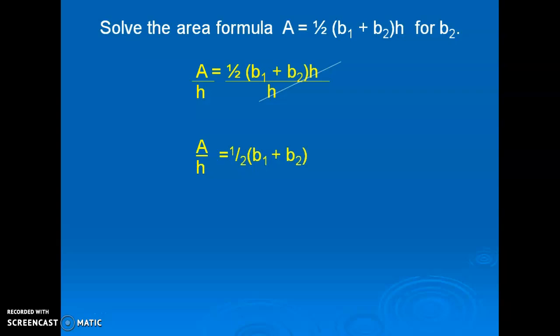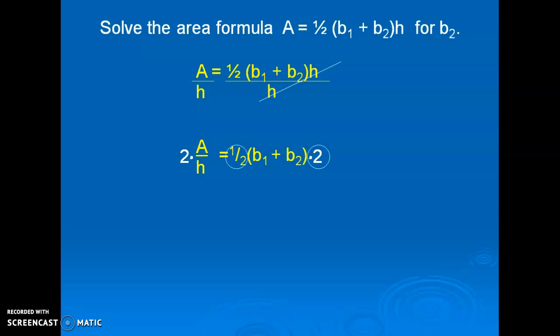Now we're multiplying by 1/2, and we could certainly divide by 1/2, but that would give us an improper fraction on the left. We don't like to have fractions within fractions. So instead of dividing by 1/2, we can multiply by 2. So we're going to multiply both sides by 2. 1/2 times 2 on the right gives us 1.